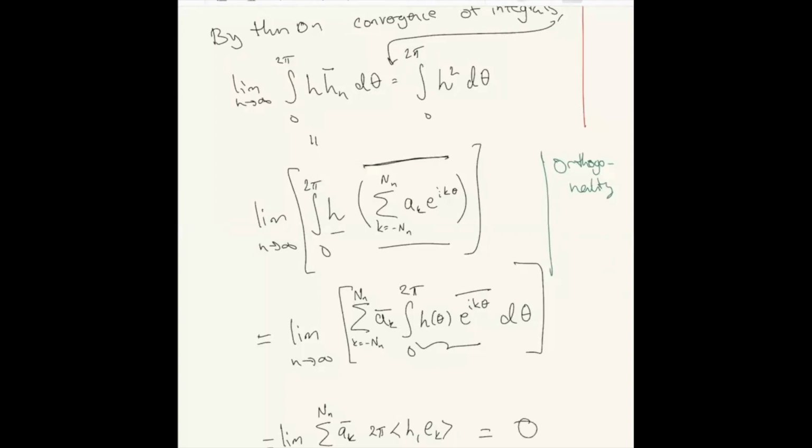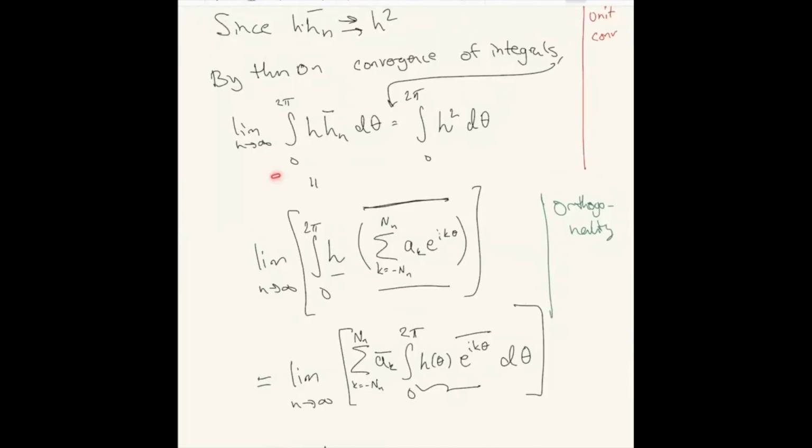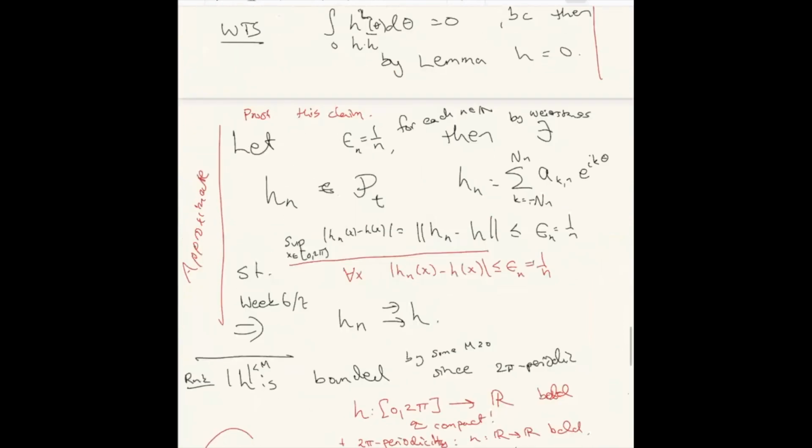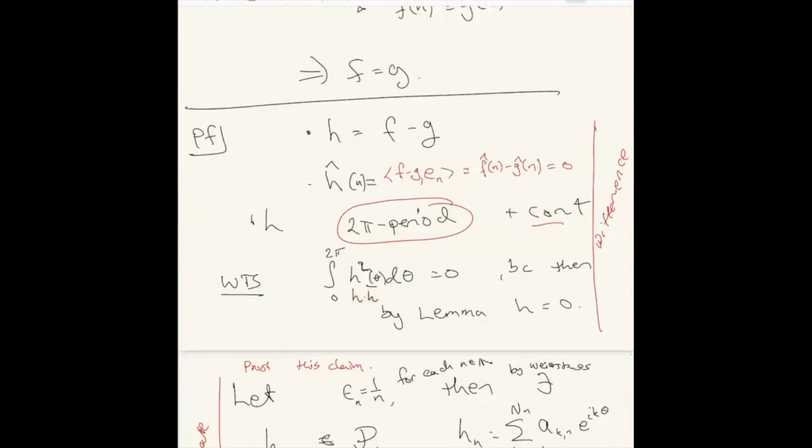So everything is equal to 0. So the left-hand side here is equal to 0, because h is perpendicular to all trigonometric polynomials. Then the right-hand side is also equal to 0. But we concluded by the lemma that once we get that the square integral is equal to 0, then the function is equal to 0.